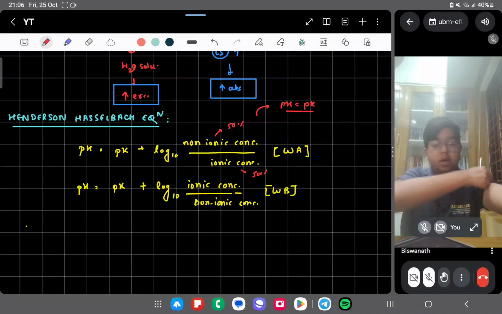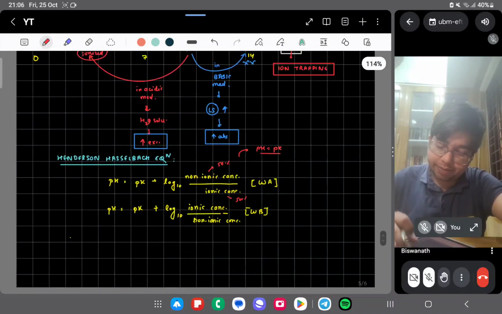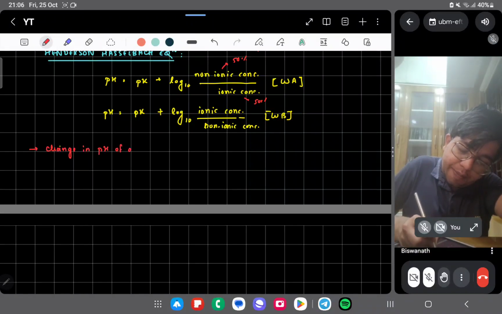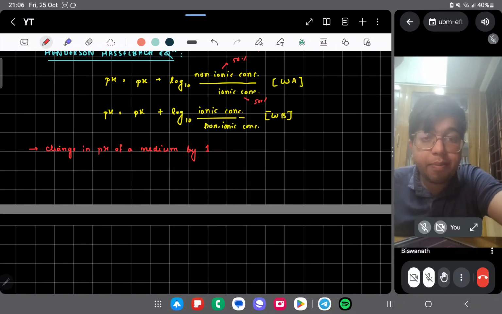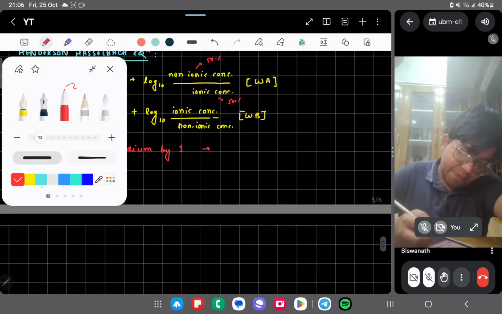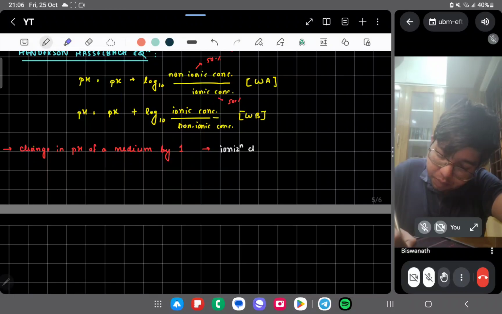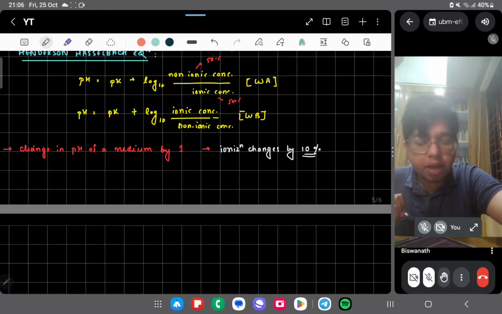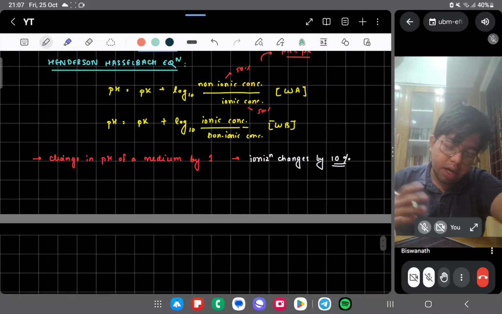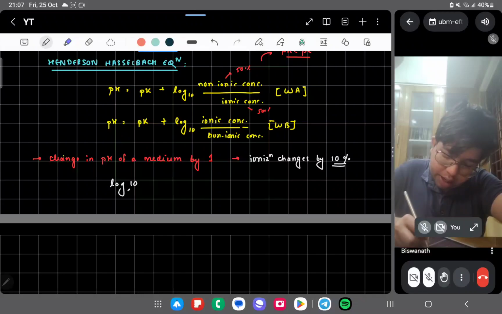Another statement you can relate from mathematics: if we change the pH of the medium by 1, the ionization will change by 10%. Log base 10 of 10 is 1.